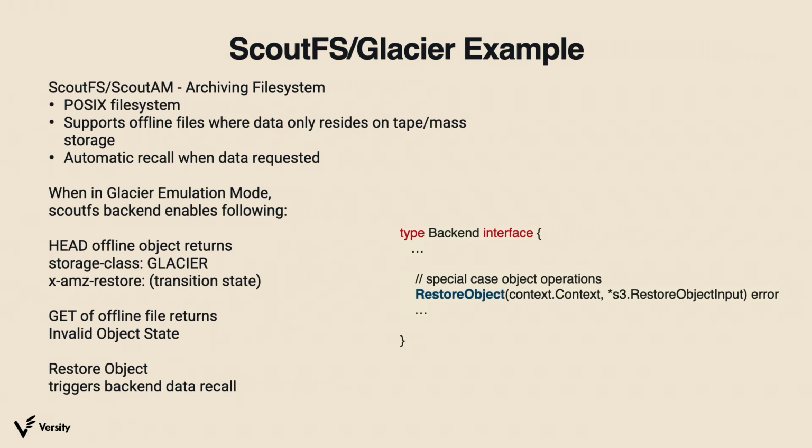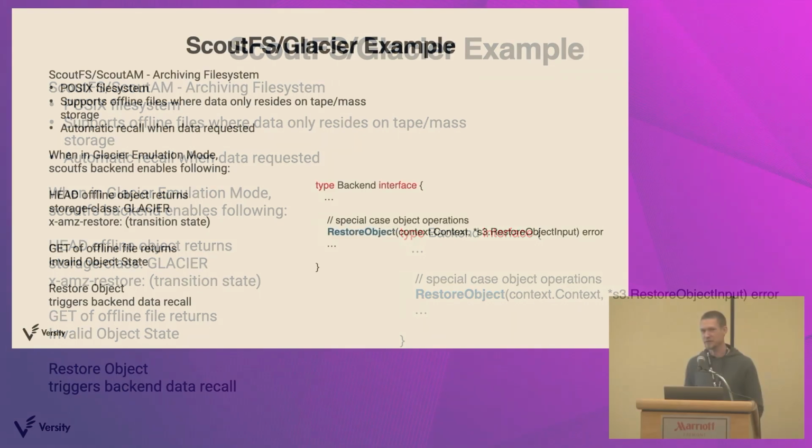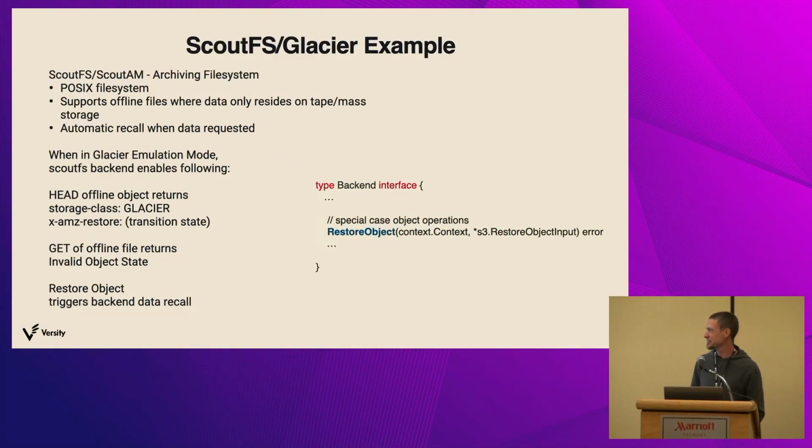And so this is what you would see in Glacier: is it currently recalling the object, or is it transitioned to online, or is it just offline and staying offline right now? A get of an offline file returns invalid object state, just like Glacier would. That is the key right there, to not force a recall just for an accidental get to an offline object in the system.